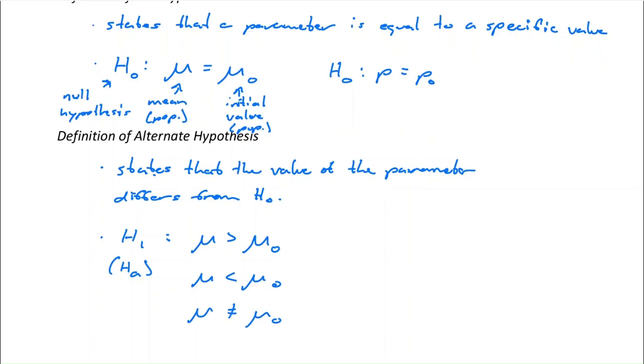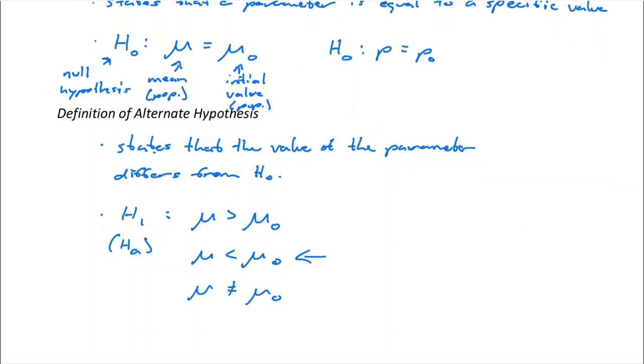Okay, so again, in the case of the example that I gave before, body temperature, if I'm noticing that a lot of temperatures seem to be less than 98.6 degrees, I would set up this middle alternative hypothesis to say that I believe the alternative is that the mean is actually less than 98.6 degrees Fahrenheit. Okay, so that's how we set up the two hypotheses.